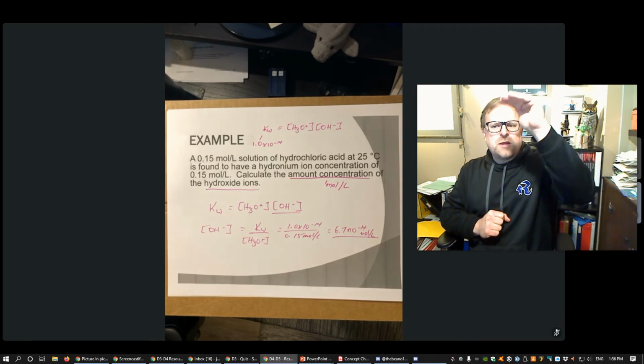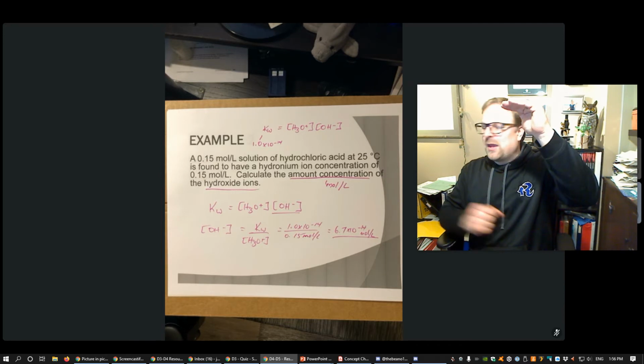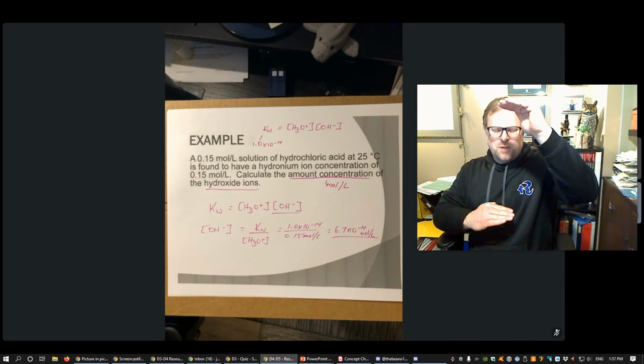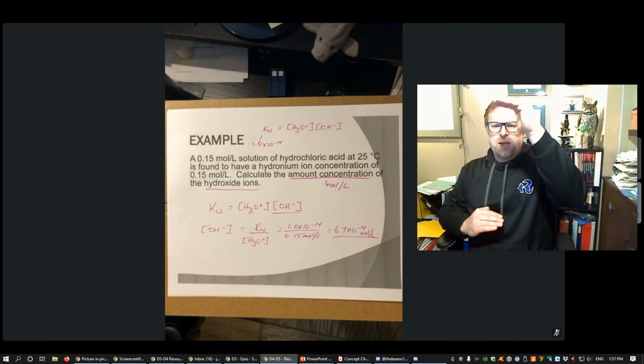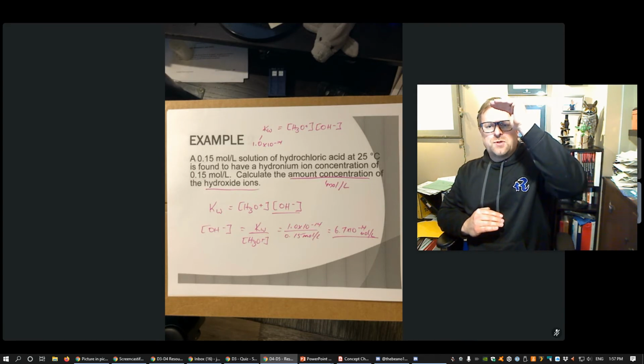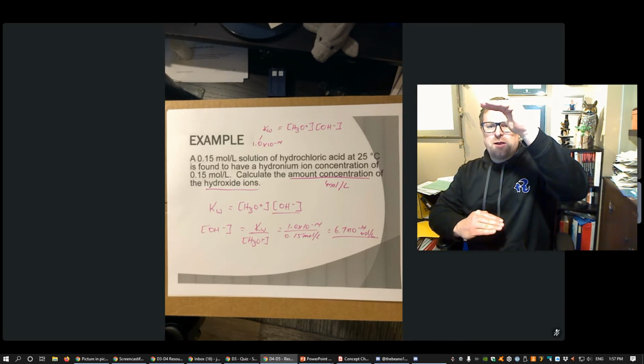If your hydronium ion concentration is high, like we have here with hydrochloric acid, then our hydroxide ion concentration is very low, and they move opposite to each other. So something very acidic has a high hydronium ion concentration and a low hydroxide ion concentration.